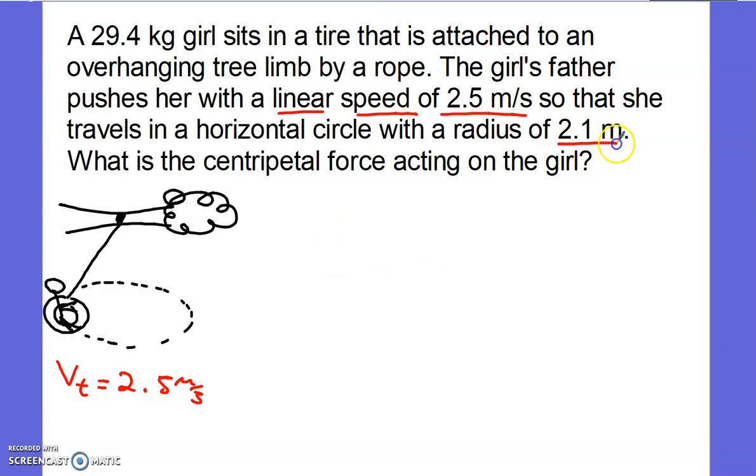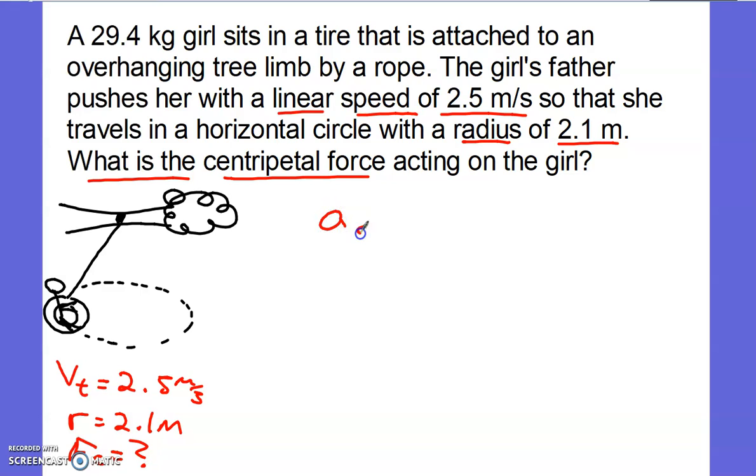We're also given the 2.1, which is the radius. And we want to know what is the centripetal force acting on the girl. So we are looking for a force, subscript c, for centripetal. Now, first thing we have to do is solve for the centripetal acceleration.